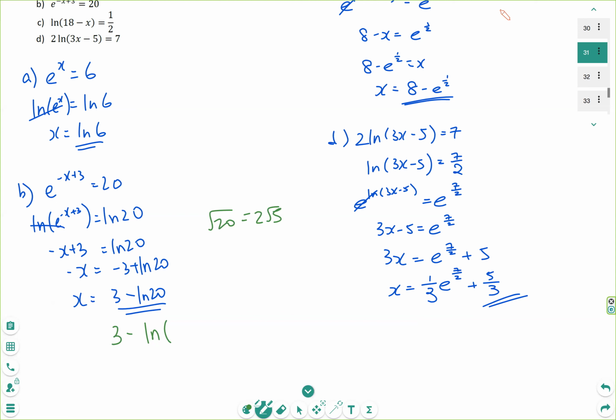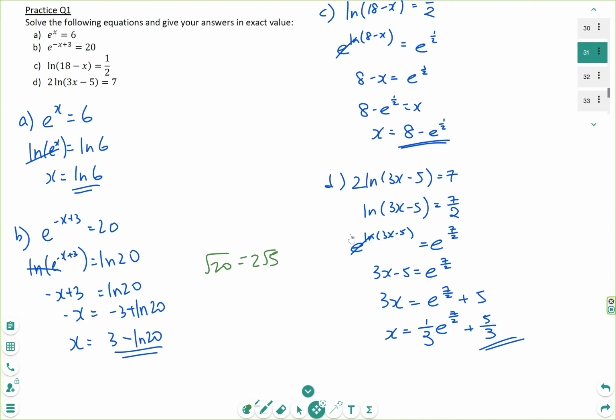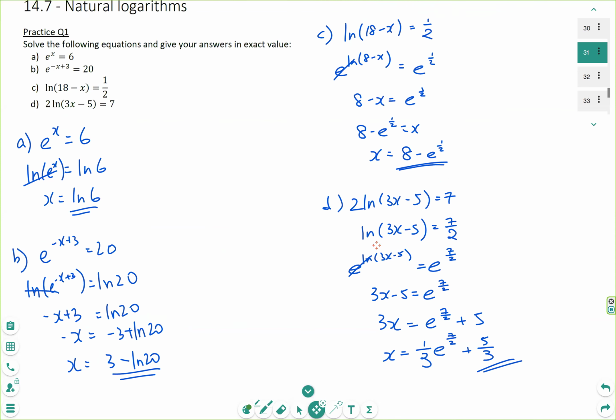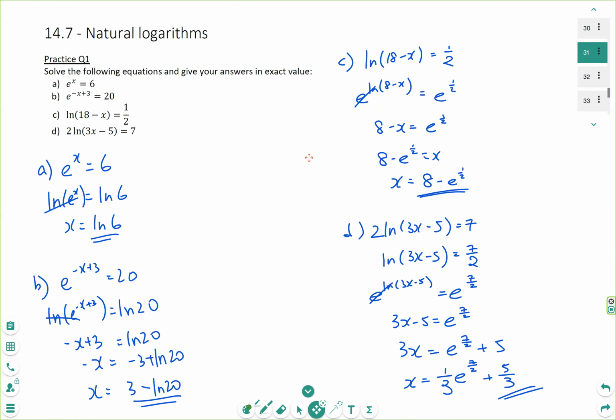I'm thinking, hang on. 2 squared times 5, right? Actually, ignore me. Don't worry about that. Sorry, my bad. Ignore me, I'm just waffling in here. Brain's not working too well. Too much ln, too much e.